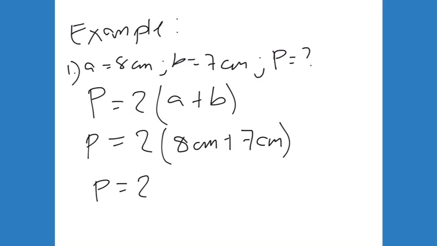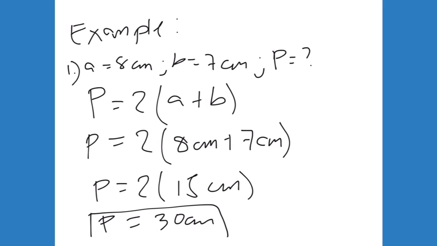Then P is equal to 2 times the sum of 8 cm plus 7 cm, which is 15 cm. So 2 times 15, our P is equal to 30 cm. And this is now the perimeter of our parallelogram, having sides measuring 8 cm and 7 cm.